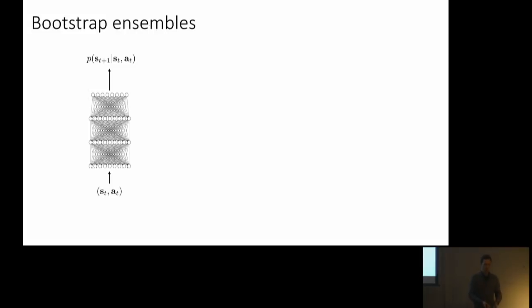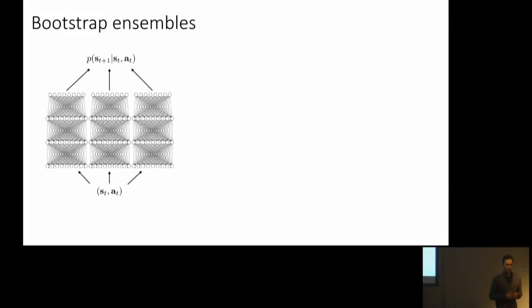And that distribution might just be a softmax, or it might be the mean and variance of a Gaussian, something like that. All we're going to do now is train multiple networks. We're going to train an ensemble of networks. And then if we want to get an estimate for model uncertainty, we'll just see to which degree do these networks agree or disagree.